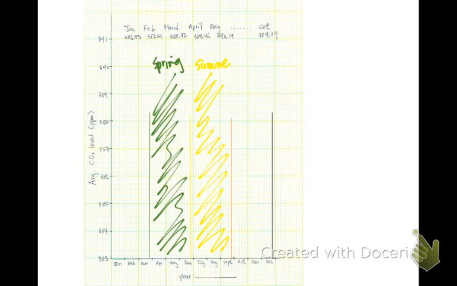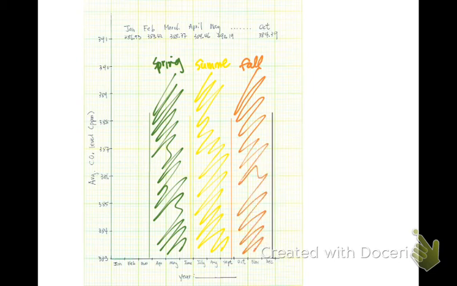And the next season we have is fall. Color this section orange for fall. And then the rest you can leave as white. And January is actually winter, so leave it as white for snow. Okay. Your graph paper should look like this before you start graphing.